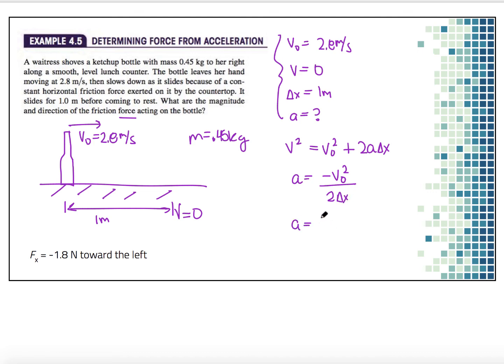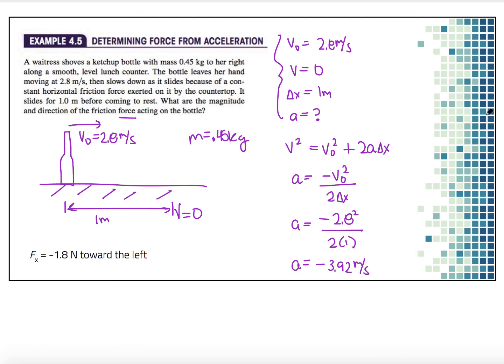So substituting here, I would have negative 2.8 squared over 2 times 1, which is pretty easy to calculate. Put that in your calculator and you get an acceleration of negative 3.92 meters per second squared.